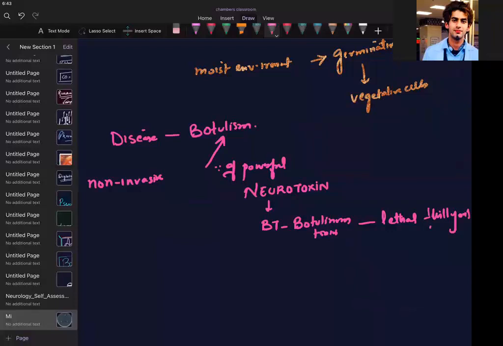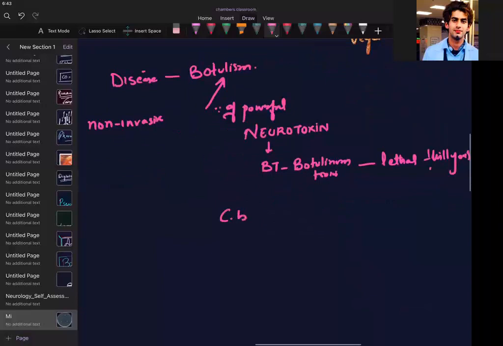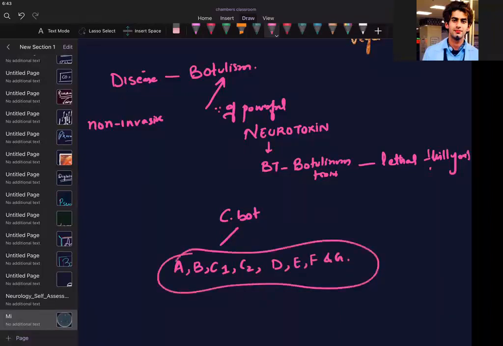Which serotypes does it have? Serotypes of C. bot, I remember it in short as C. bot. Okay. So you write A, B, C, D, like you used to see in your lower kindergarten. A, B, C, but C has C1, C2, D, E, F, G. These are the serotypes. Okay. Sir, which of the following can produce neurotoxin?